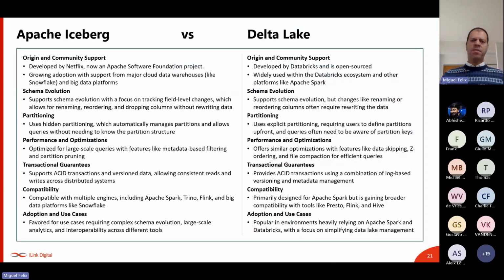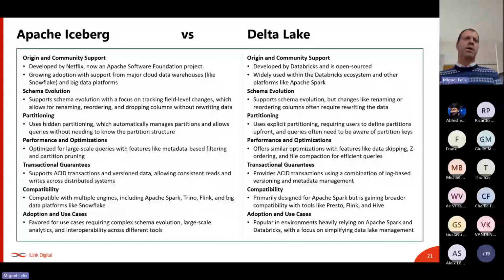So this is a very long slide where you can see the differences between Apache Iceberg and Delta. We are not going into full detail about this, but as you see, there are differences in terms of performance and optimization.